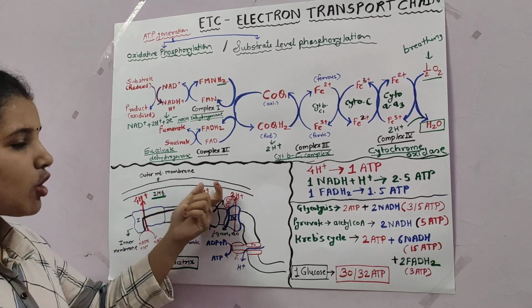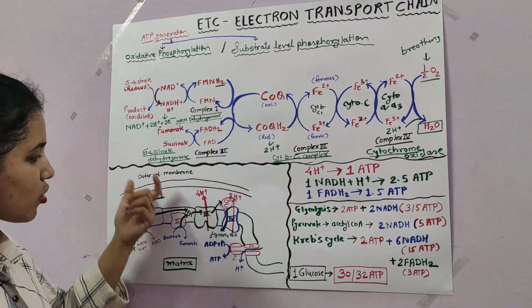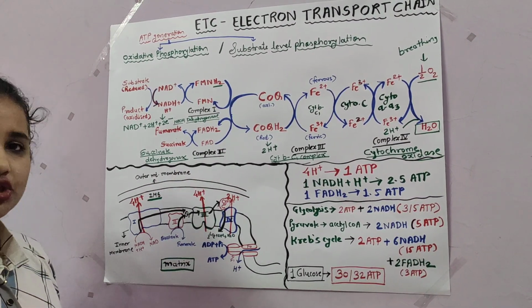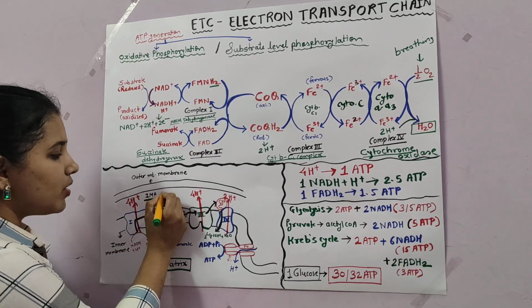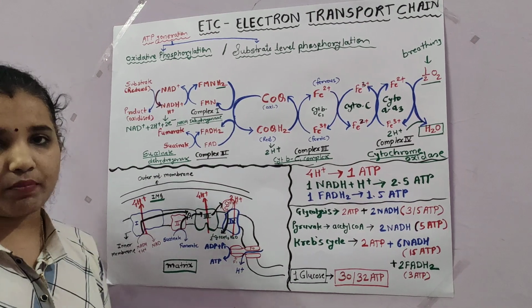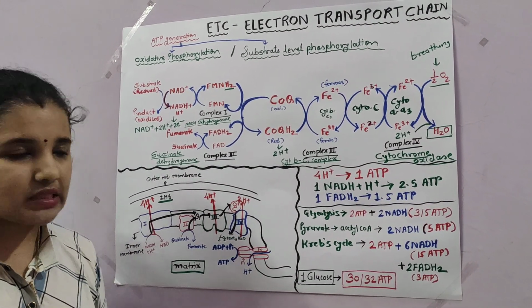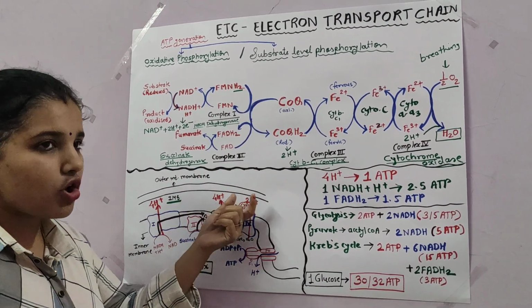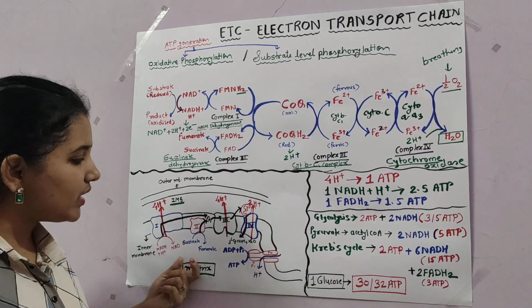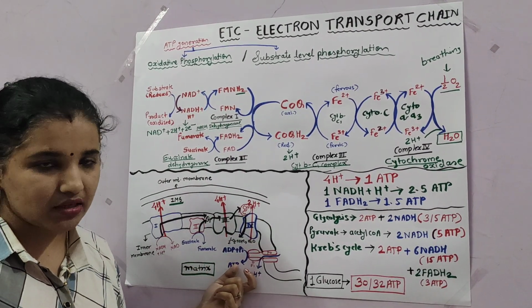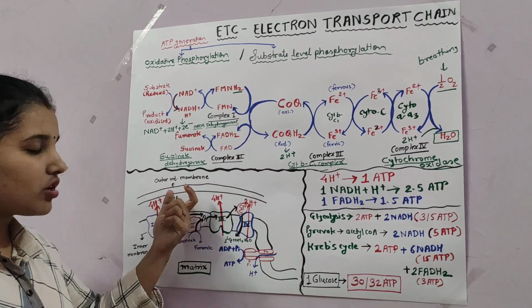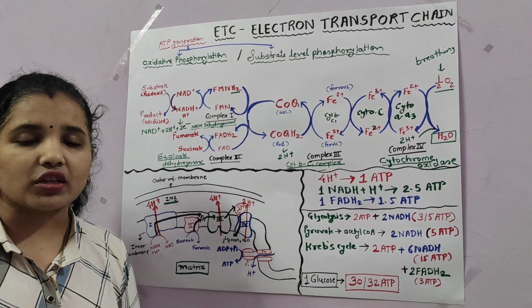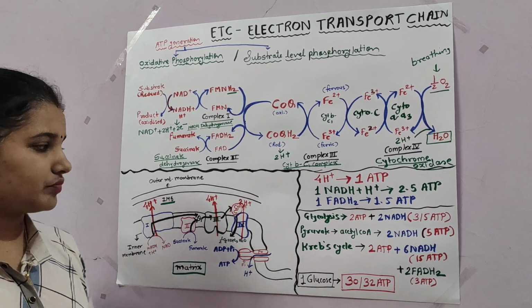Because of the pumping of the protons, a proton gradient is developed. Proton gradient means more protons are present in the intermembrane space and very few protons in the matrix. The energy of this proton gradient is utilized for the formation of ATP.